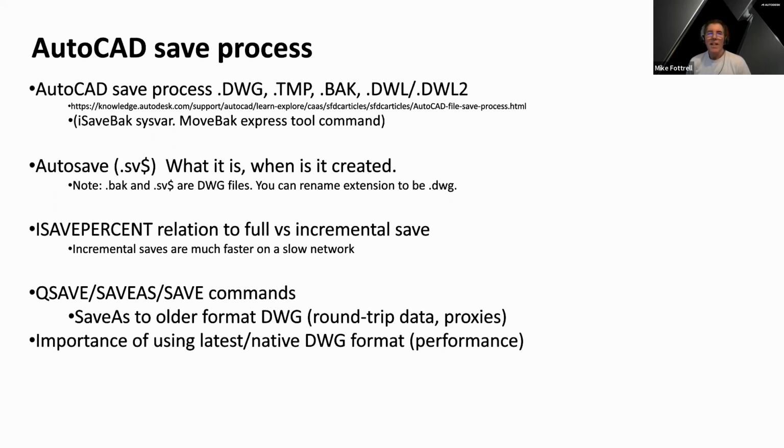And I wanted to touch quickly on the autosave. You can set this; it defaults to happen every 10 minutes. It is actually a DWG file, and so is the .bak file.